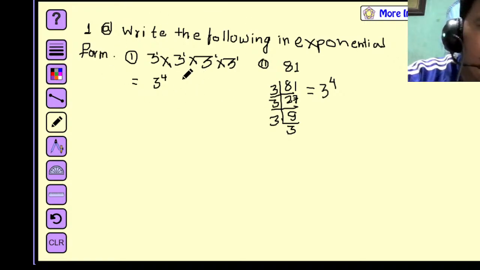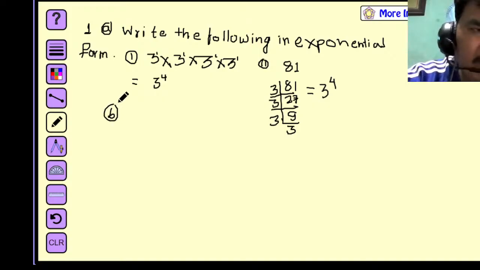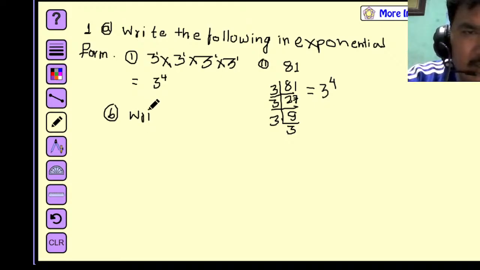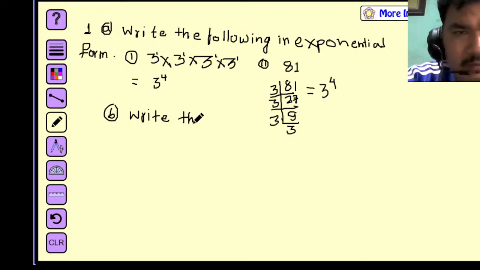And sometimes, look at B number, you may be asked to write in product form. Write the following in product form.